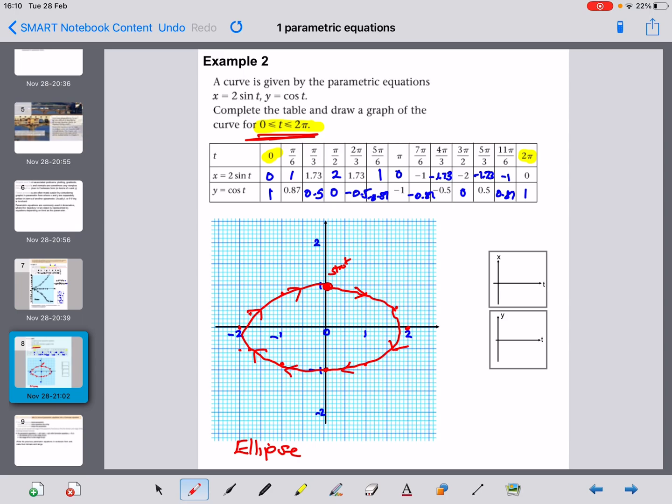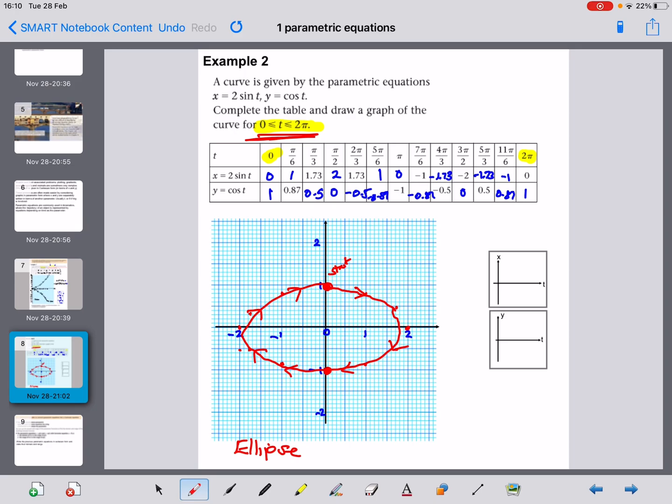Had t gone from 0 to pi, it would have started there and finished here and just done half a loop. But because it went from 0 to 2 pi, it traced out the whole loop.